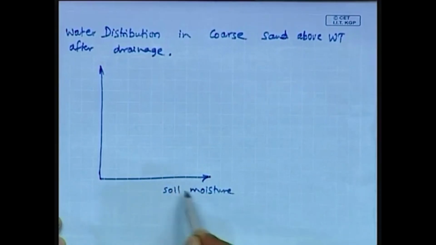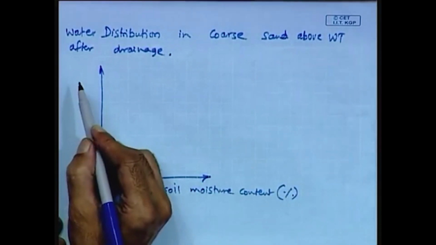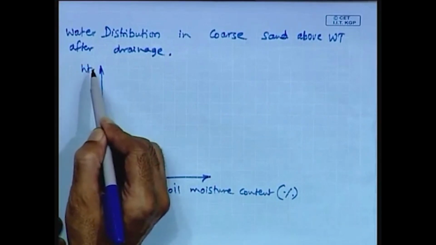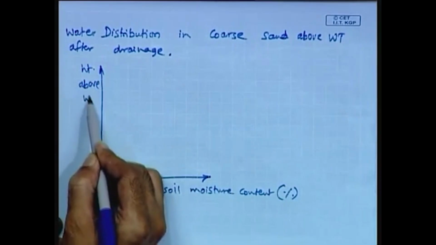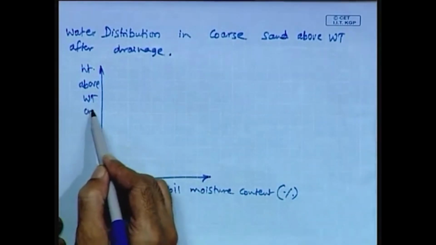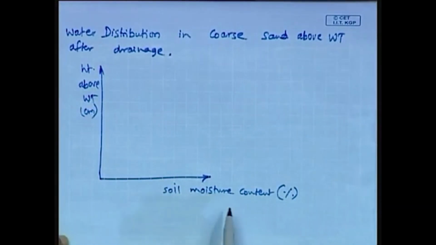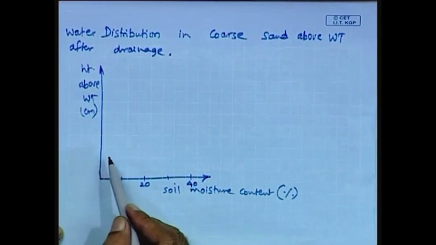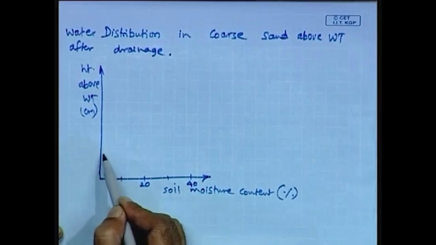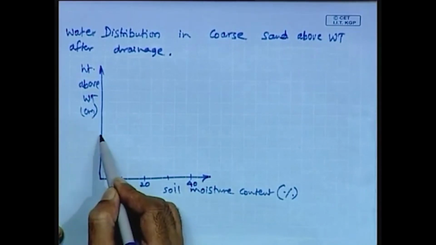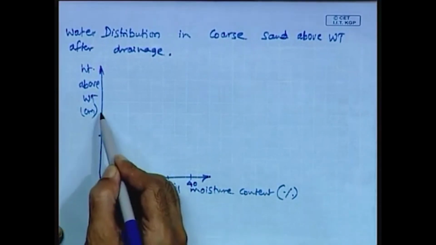So, this is the soil moisture content as percentage, and then this is the height above water table in centimeter, and here let us say this is 20 and then this is 40, and here let us say 20, 40.